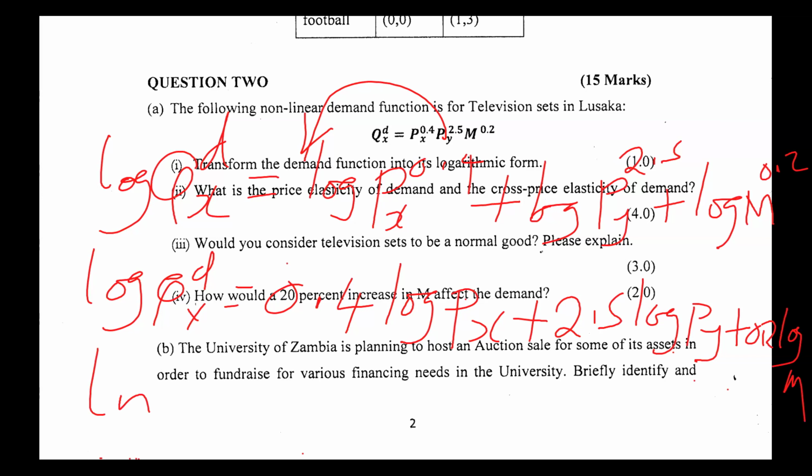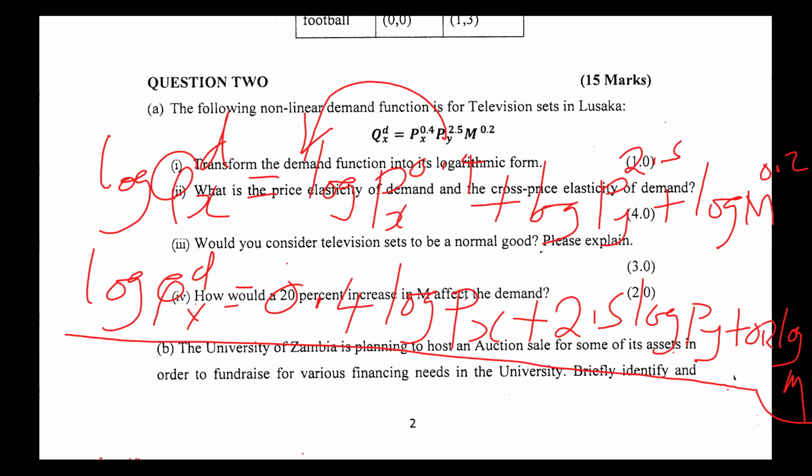So this is where I end from, for the first part. This is now a logarithmic function. It has been transformed into a log form. Did you get it? So that's what question 1 is all about. That's A1. Now we have converted it, adding log to the equation here.